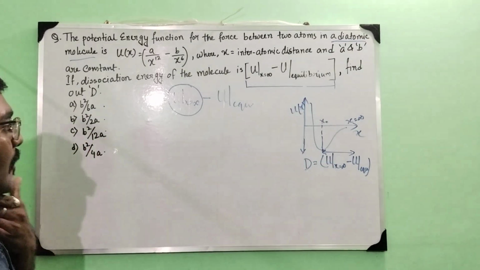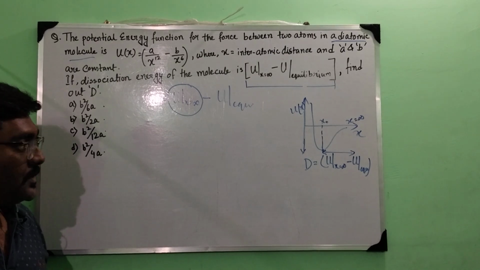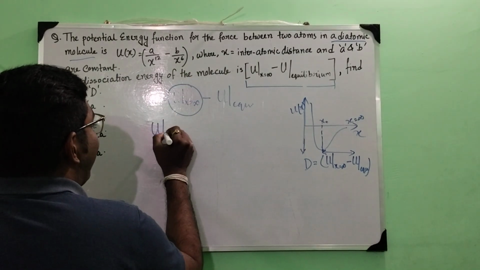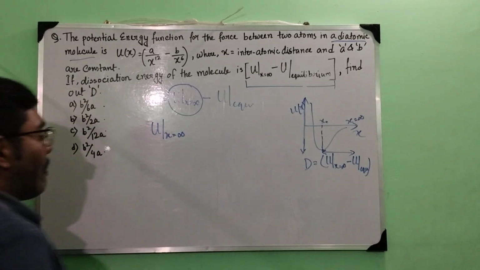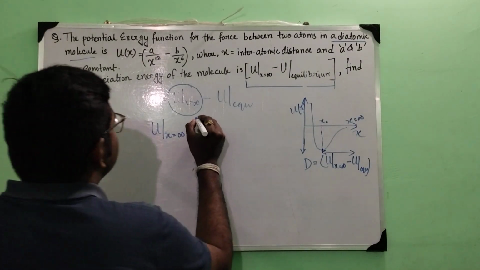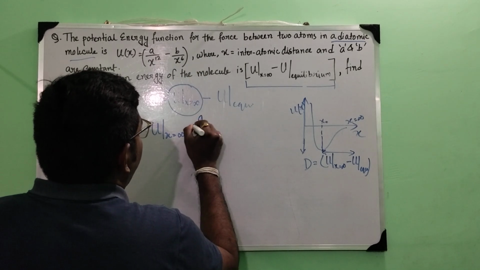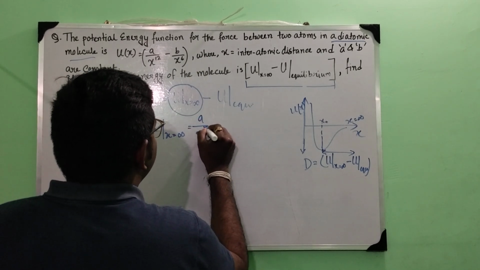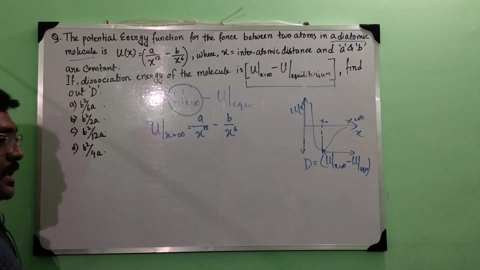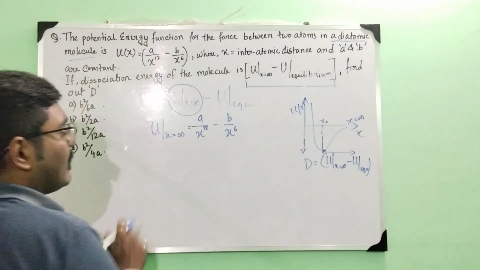Now how will we do it? First we have to calculate U at x equals infinity. The function is given as A by x to the power 12 minus B by x to the power 6. Now we have to put x equals infinity.